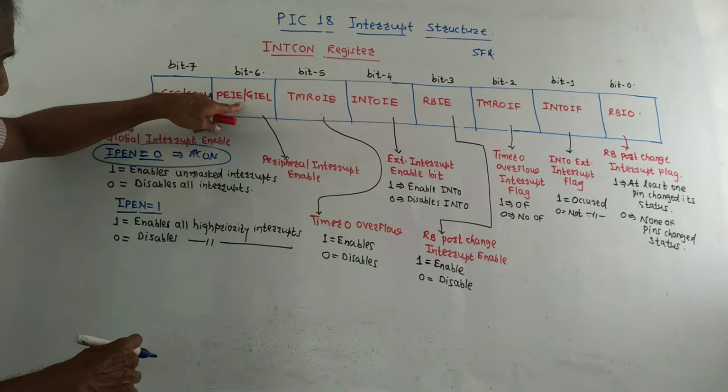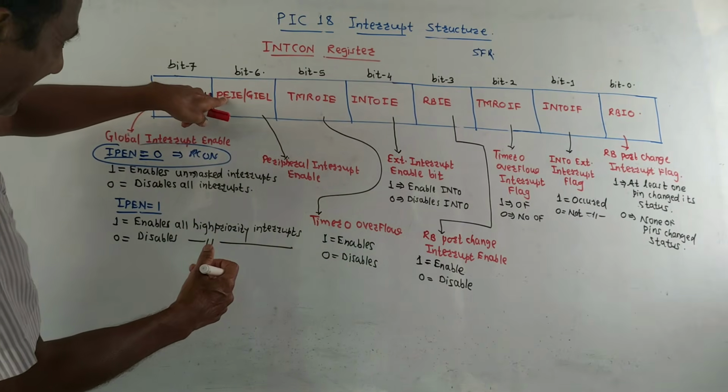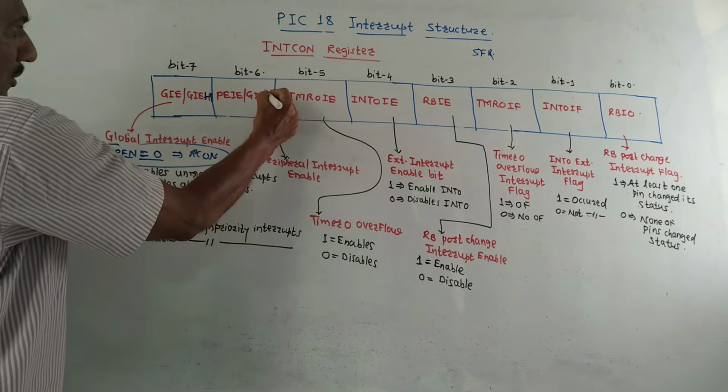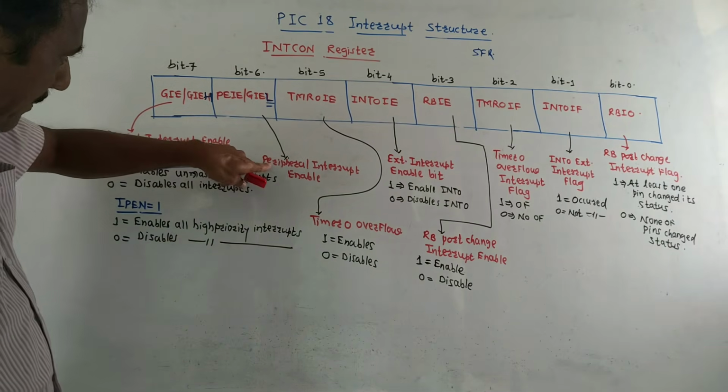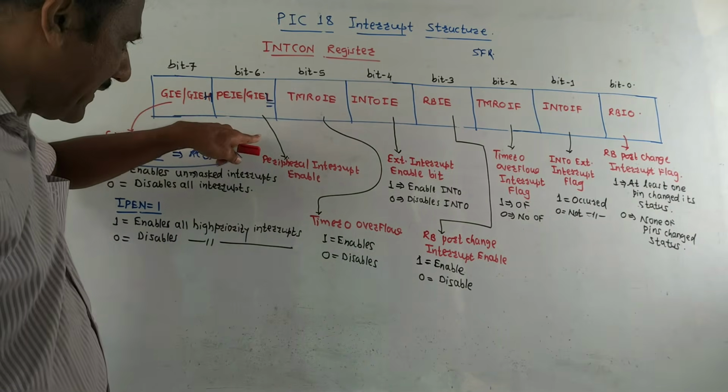Next, bit number 6. Just like this is for high priority, this one is for low priority. Basically it is PIE and GIEL. L stands for low priority. So it is peripheral interrupt enable bit. PIE is peripheral interrupt enable bit.